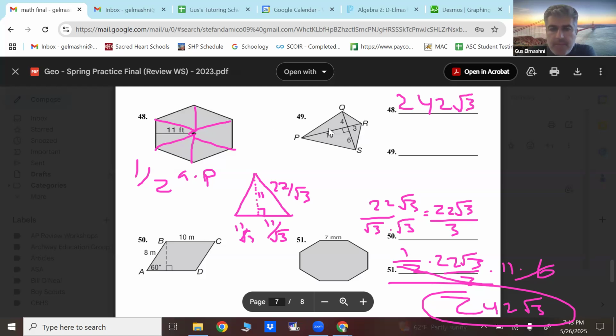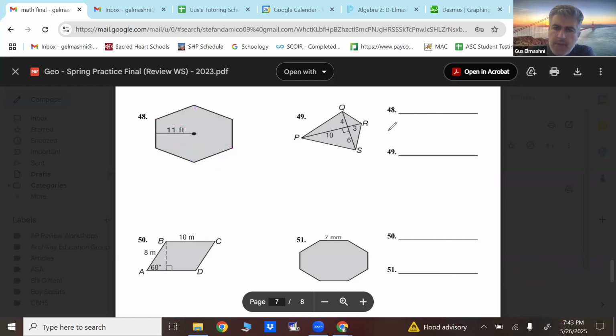Here you got your, actually it's not quite a kite, but if that's 13 and 4, you do the area of a triangle, so that's 1/2 times the base times the height.